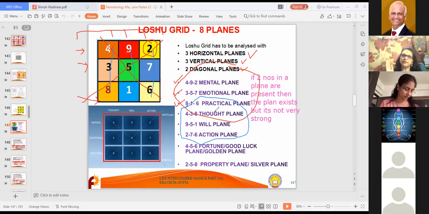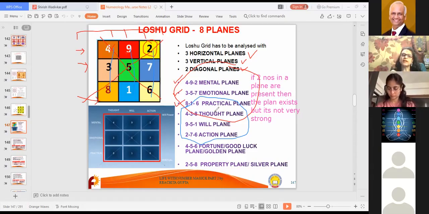The middle one is 159. It's written as 951, but it's known as 159. That is the willpower plane, your determination, your resolve and your desire power. It's a very important plane, because we are talking about achievement, about doing something in this life.